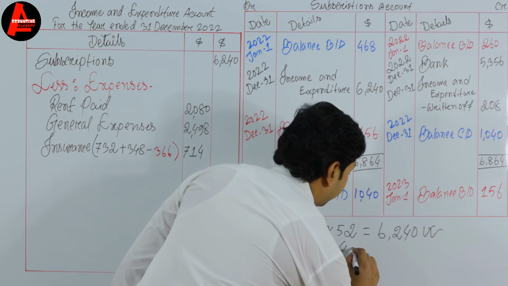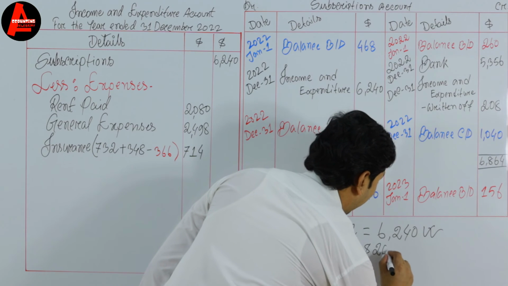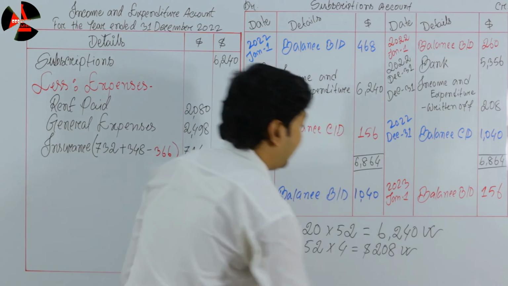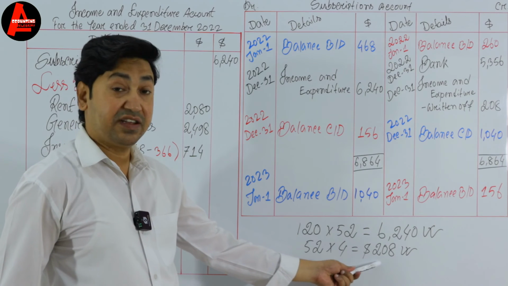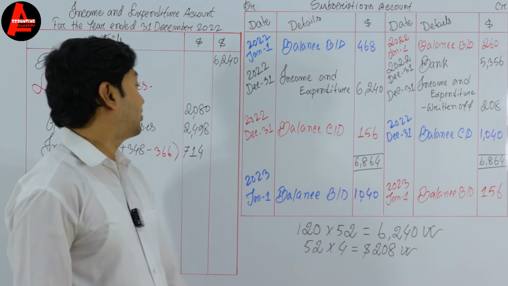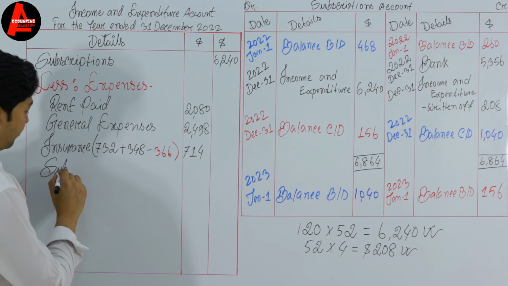This is the reason it will be written off. So now if we multiply, we get here $208. Okay, so this amount will be considered as an expense. Okay, so we will write here subscription written off.